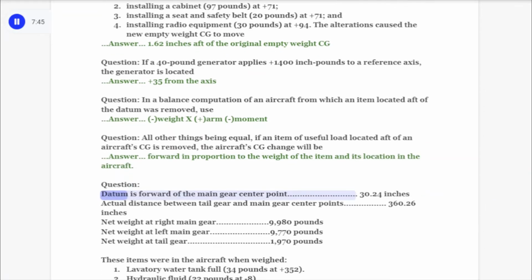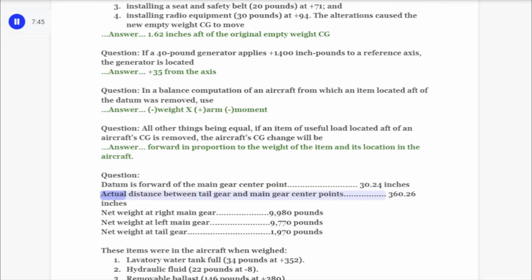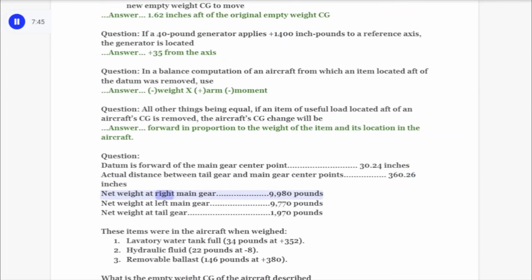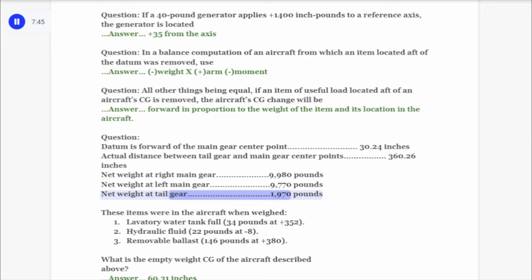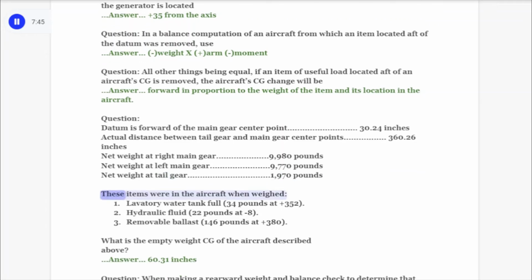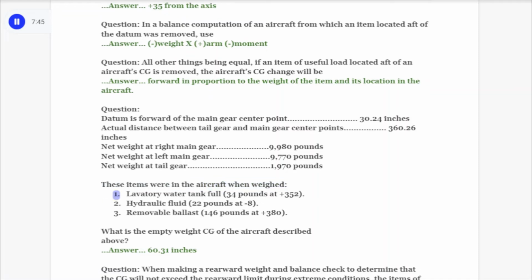Question. Datum is forward of the main gear center point, 30.24 inches. Actual distance between tail gear and main gear center points, 360.26 inches. Net weight at right main gear, 9,980 pounds. Net weight at left main gear, 9,770 pounds. Net weight at tail gear, 1,970 pounds. These items were in the aircraft when weighed. 1.